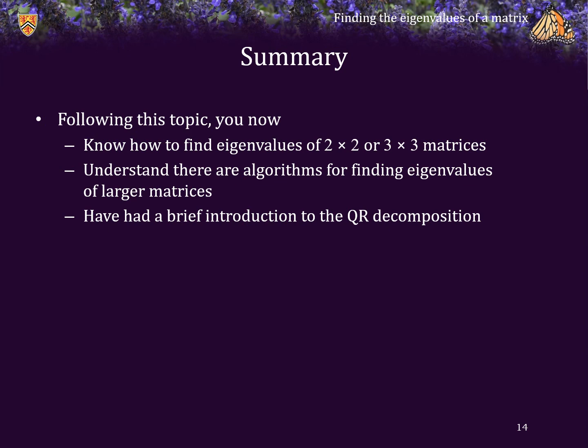And even with a 3x3 matrix, it may not be that easy. You also understand that there are algorithms for finding eigenvalues of larger matrices. And you have had a brief introduction to the QR decomposition, which is used in finding these eigenvalues for larger matrices.